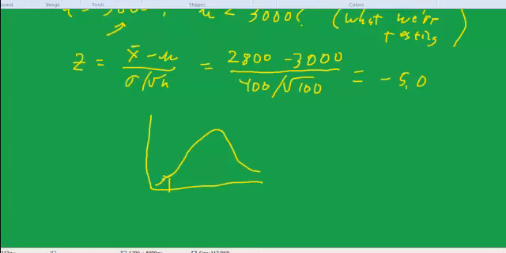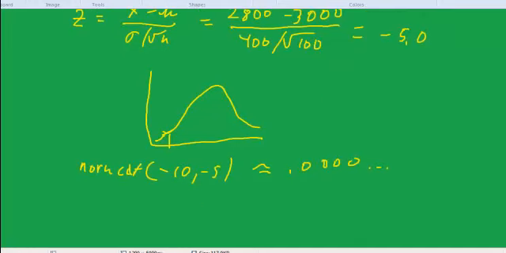It's going to be a very small number. I won't even bother calculating it. I'll say it's pretty close to 0.